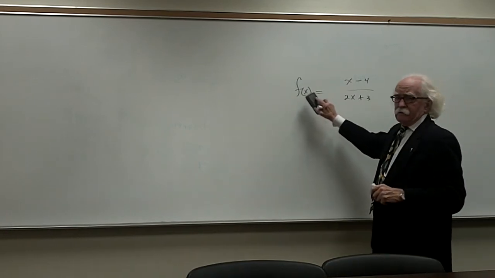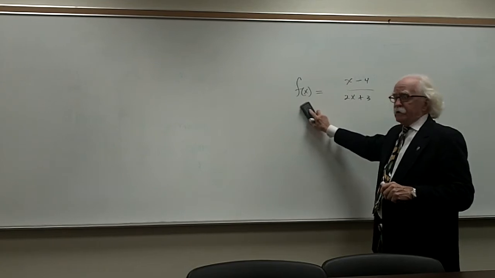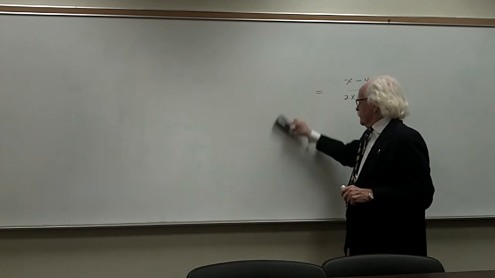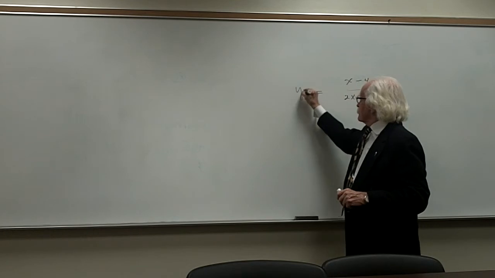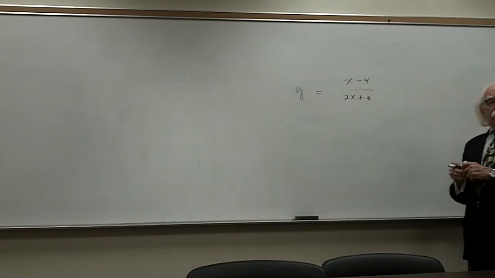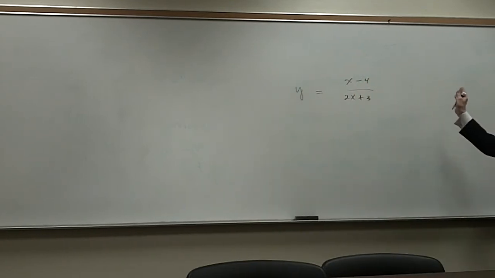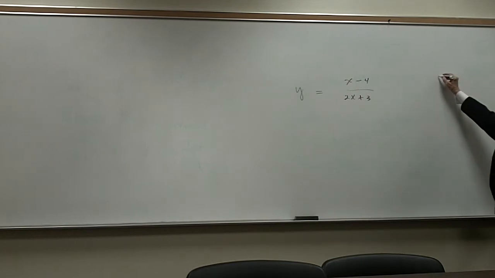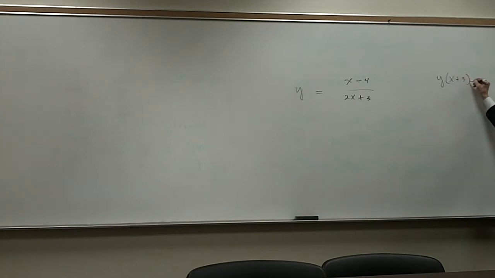Well, one of the easiest ways is to just change this to this temporarily, and we're going to solve this equation for x. So to solve for x, it's going to be this. And now we have to do this.